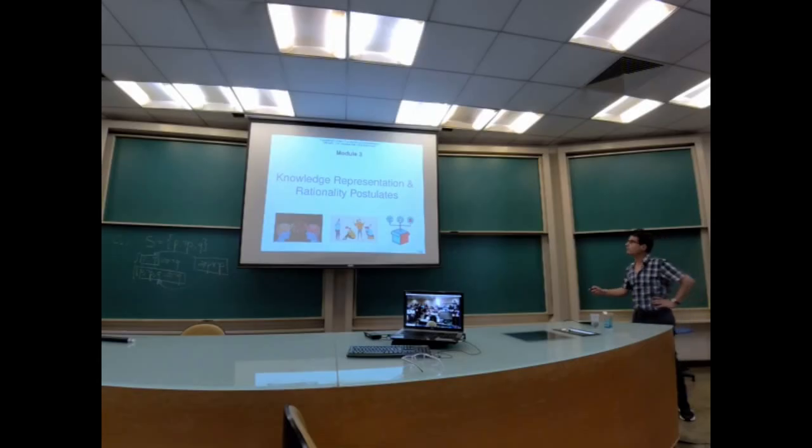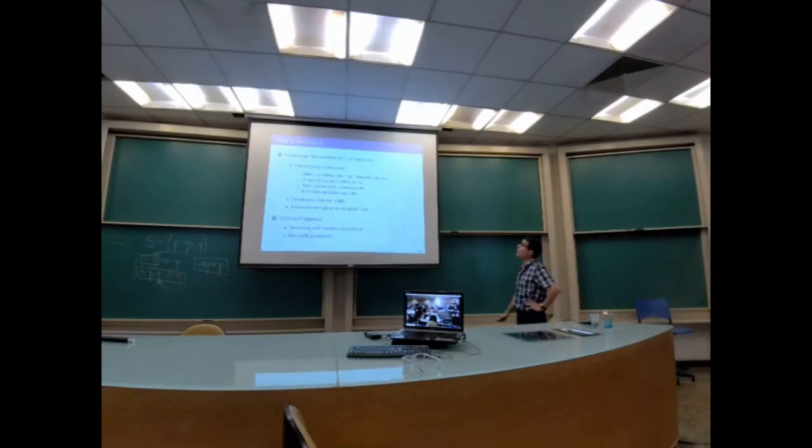So this module consists of 2 main parts. In the first part, I will consider some knowledge representation considerations. It's very important in the context of AI, the KRR, knowledge representation and reasoning. So I will go to this immediately.